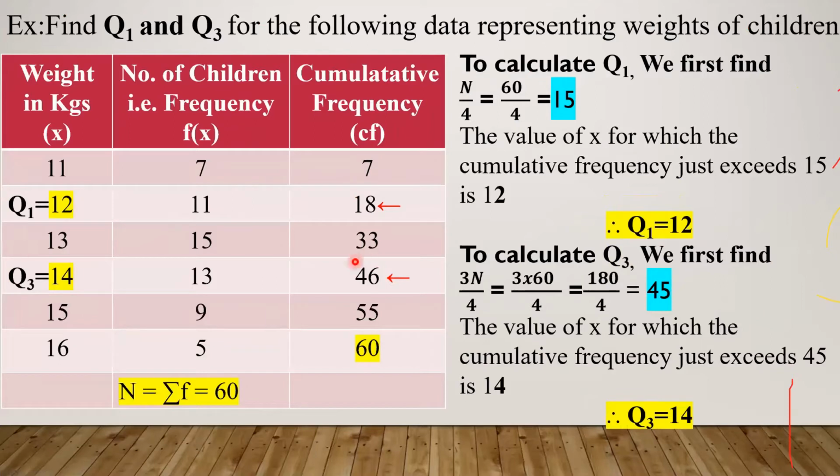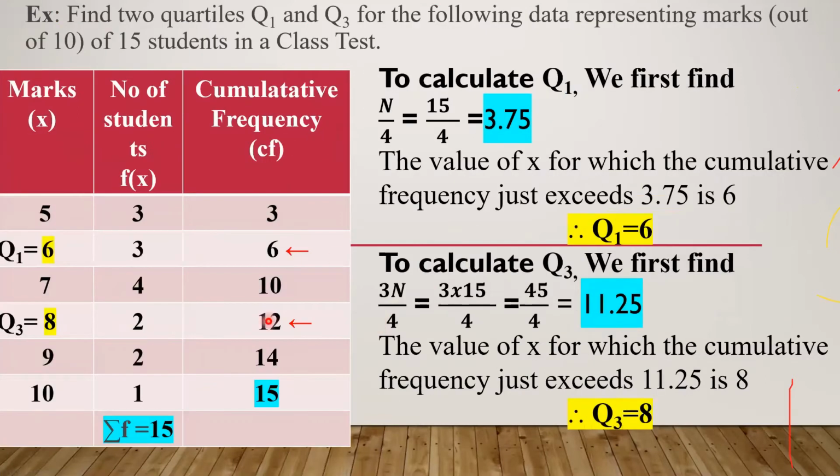First step, to calculate Q3, cumulative frequency was already calculated, and n was also already calculated. To calculate Q3, we first find 3n by 4. 3 into 15 by 4 will give me 45 upon 4. When you divide 45 by 4, you will get 11.25.